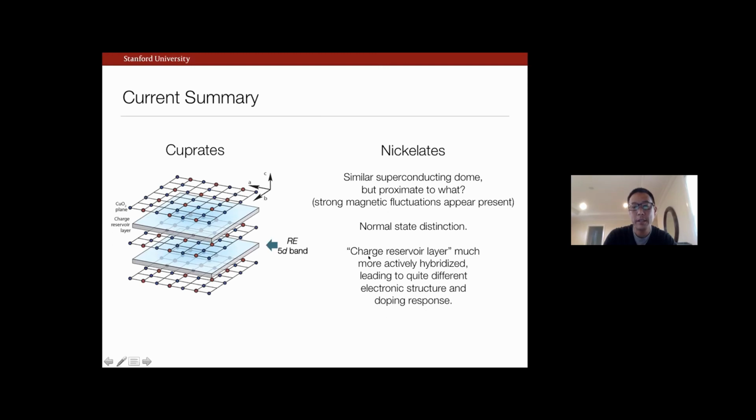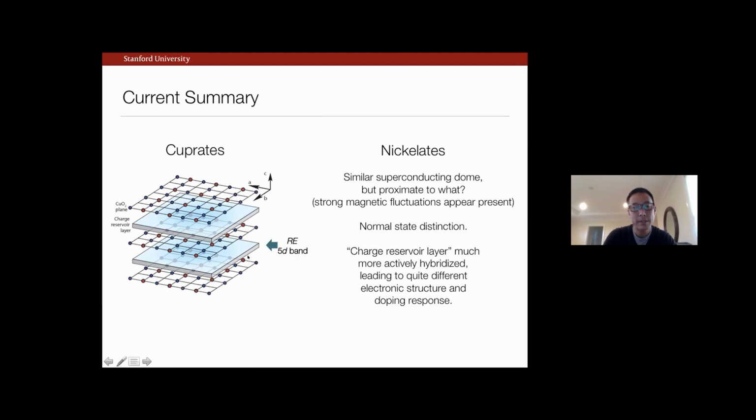And I think the key thing to state to the general audience is that this picture that's been well developed of the cuprates, where you have the relevant CuO2 planes and this charge reservoir layer that is fairly benign in other aspects electronically. A qualitatively different aspect here is that this hybridizes to form a relevant band.